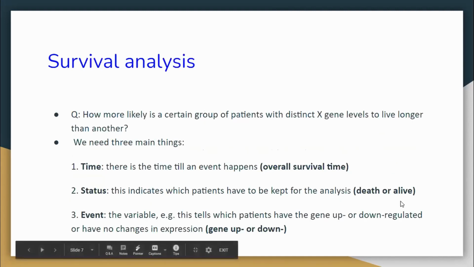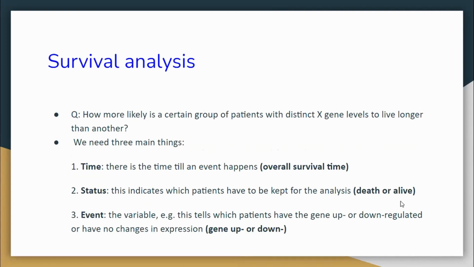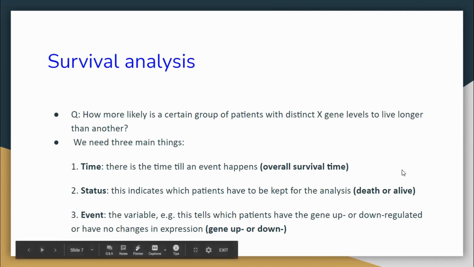So now back to our question, which is how more likely is a certain group of patients with our targeted X gene level to live longer than another. To do this survival analysis, we just need to clarify three components: time, status, and event. Time is the time till an event happens, which is the overall survival time.